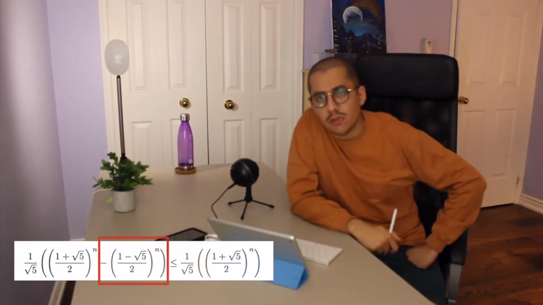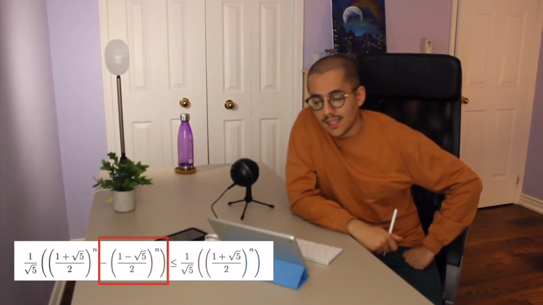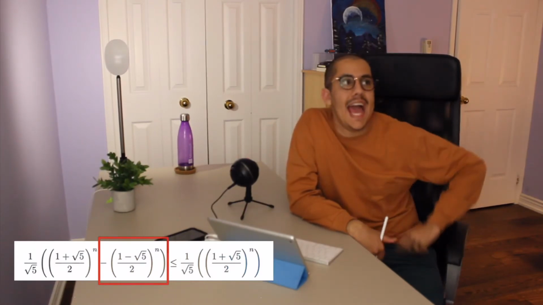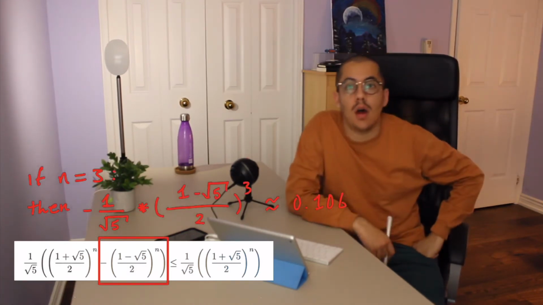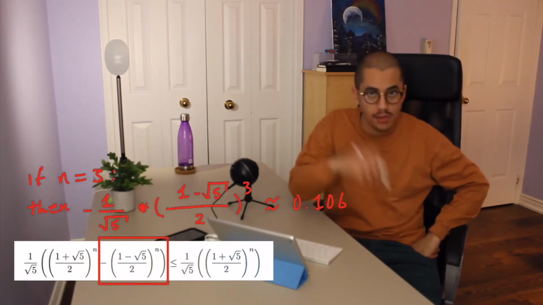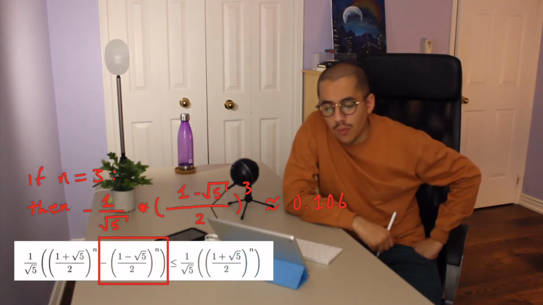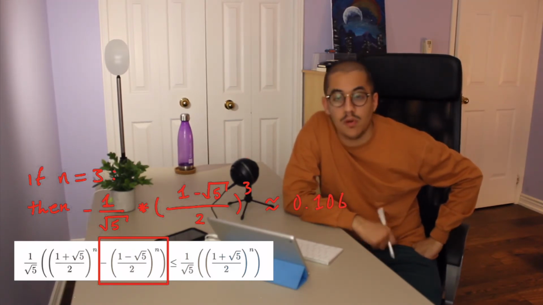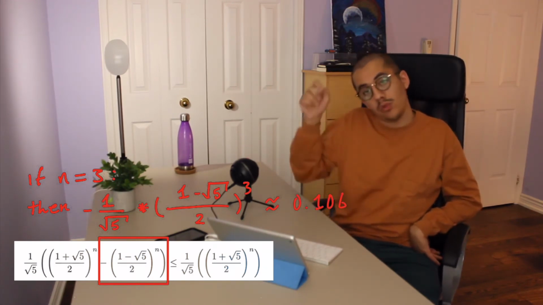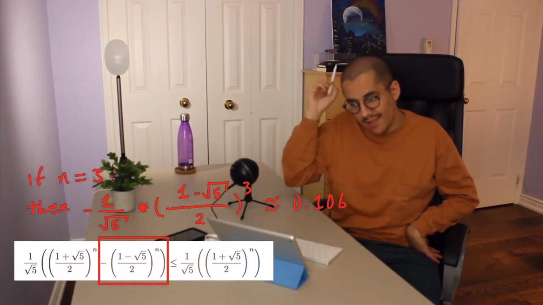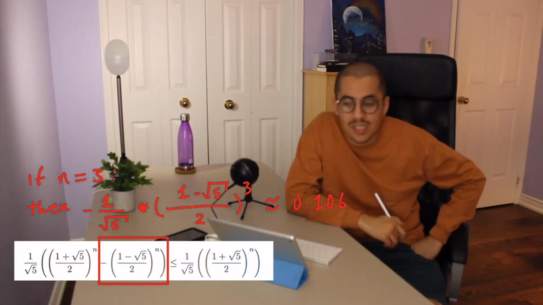But let's ask the real question here. Let's say I put n equals 3, the exponent. Then negative 1 over square root of 5 times 1 minus square root of 5 divided by 2 to the power of 3 equals 0.106.